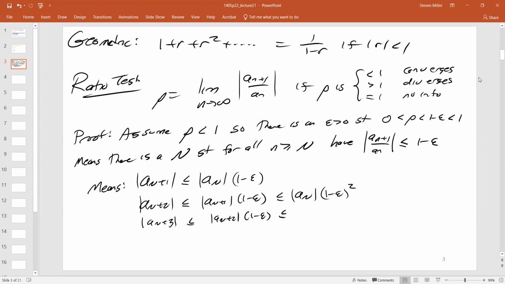We substituted for a_{N+1}, which was at most |a_N| times 1 minus epsilon, and we got |a_{N+2}| was at most |a_N| times 1 minus epsilon squared. Now we have |a_{N+3}| is less than or equal to |a_{N+2}| times 1 minus epsilon. What should we substitute?